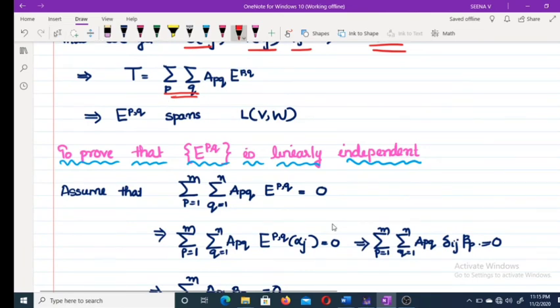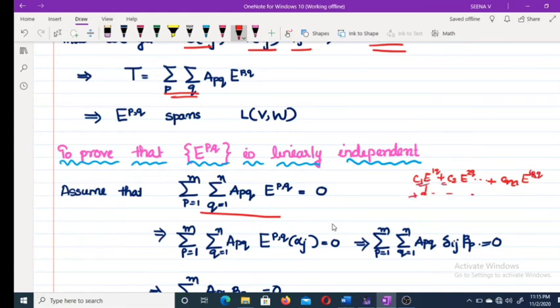Therefore, if you take any linear transformation T from L(V, W), that is a linear combination of EPQ. Now we have to prove EPQ is linearly independent. So we are considering this sum equal to 0. We have to assume a linear combination of these is 0, that is, sum C1 E1q plus C2 E2q etc., plus Cm Emq, plus again etc., like this.